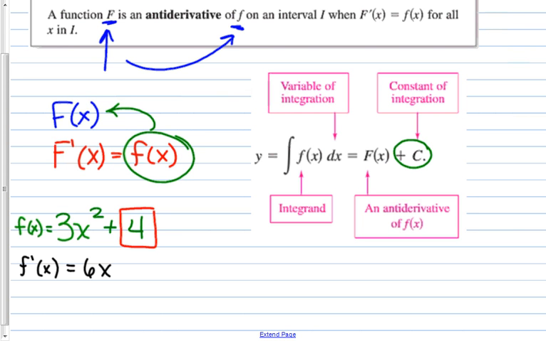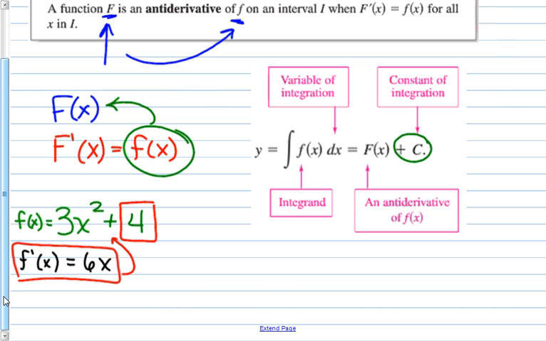Now, we're working backwards. We're going to start with what we're considering basically the derivative, and we're going to work backwards to get to the original equation. Normally we take the exponent and multiply it by the coefficient if there is any number in the front, and then we subtract 1, right? 2 times 3 is 6, and then 2 minus 1 is 1.